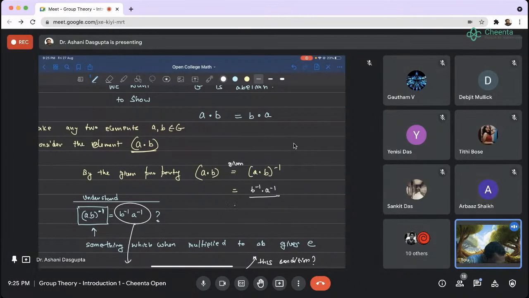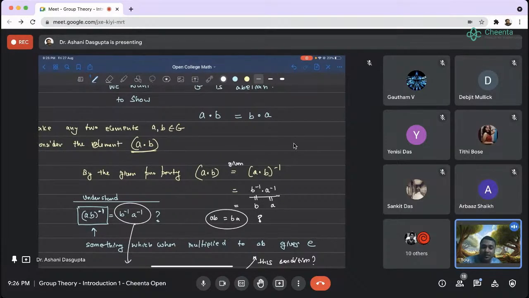Now B inverse is B. Why is that? Because B is self-inverse, right? Every element is equal to its inverse, so B inverse is B, and A inverse is A, so AB is equal to BA. That's what we wanted to show, because that's the question, whether this is commutative or not.